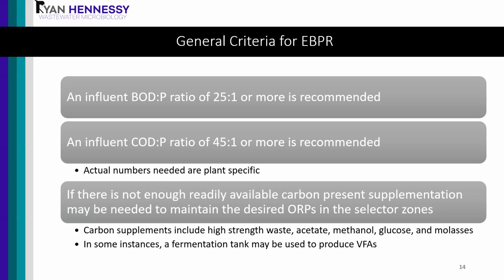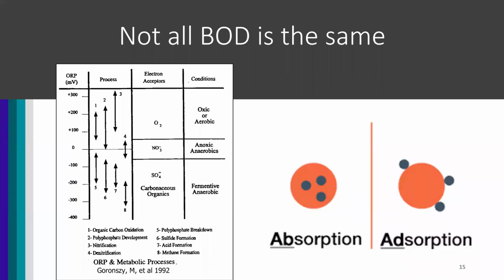And we're going to talk about the differences in your BOD, so basically you have particulate BOD, you have soluble BOD, and then you have organic acids, which are a form of soluble BOD that can be taken up really quickly and really accessible for the bacteria.